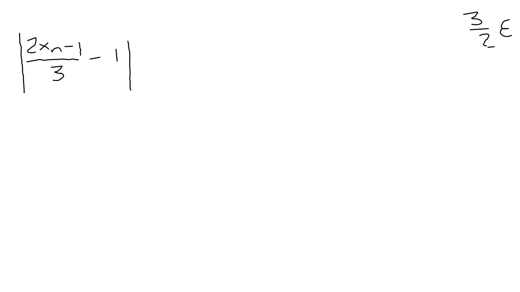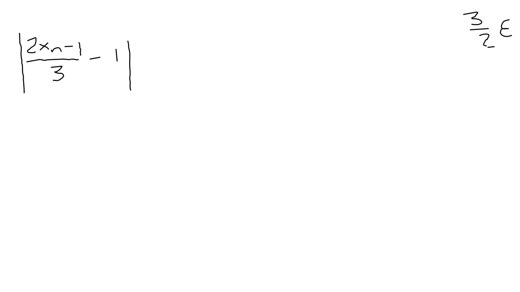Remember, we have chosen capital N as 3 over 2 epsilon. So follow me now. 2x sub n minus, what was this? It was 1 over 3, minus 1. Yeah, because we had set the limit to 1.